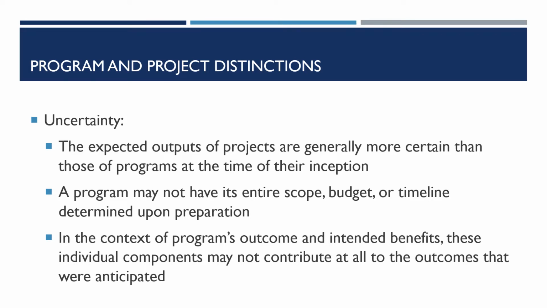But a program may not have its entire scope, budget, and timeline determined upon preparation. In the context of a program, its outcome and intended benefits, these individual components may not contribute to all the outcomes that were anticipated. So that's where the uncertainty comes into the picture.